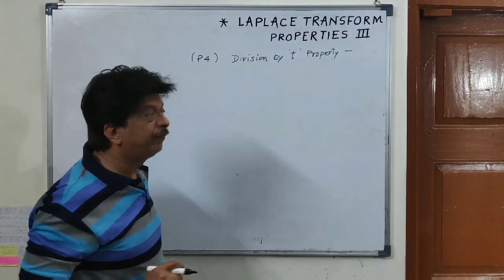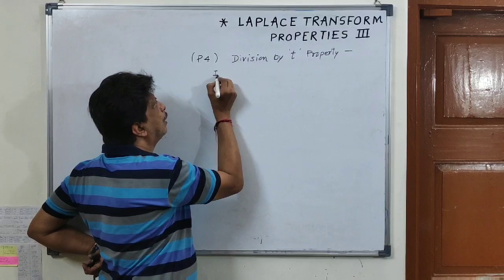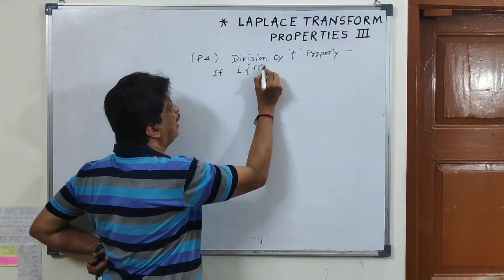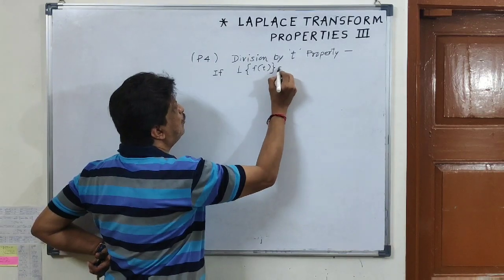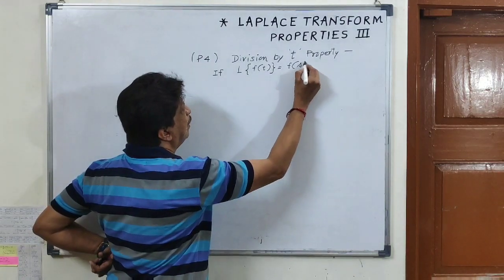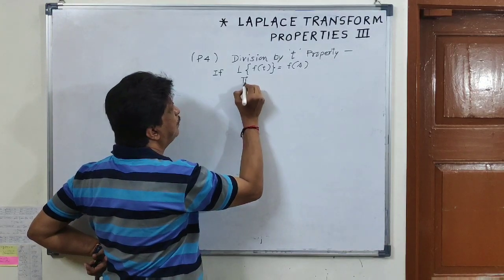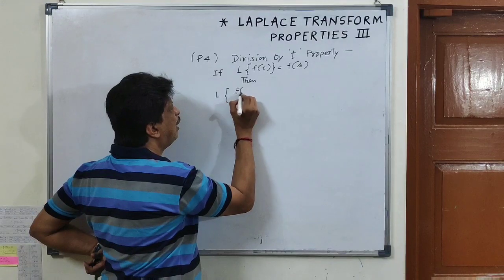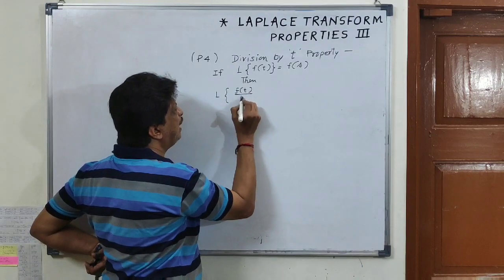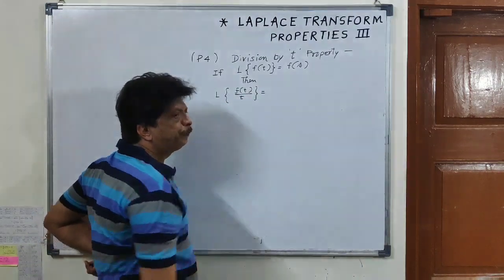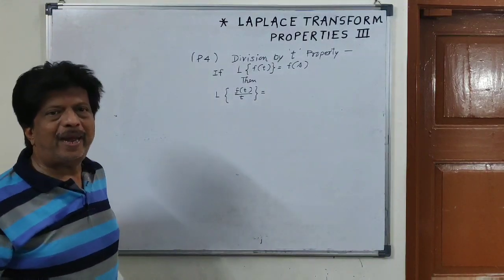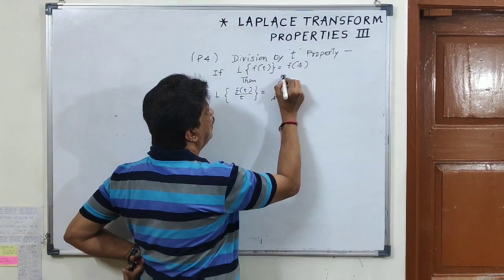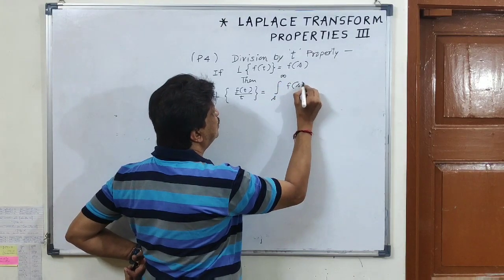It states that if Laplace transform of f of t is F of s, then Laplace transform of f of t by t is obtained by this formula: integral s to infinity F of s ds.